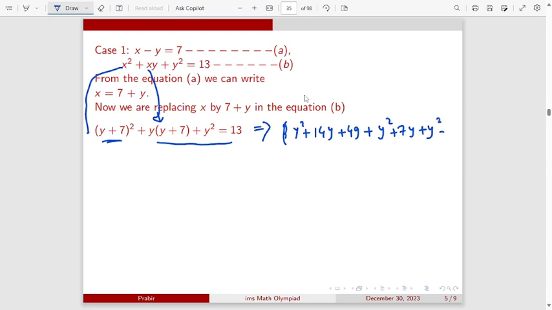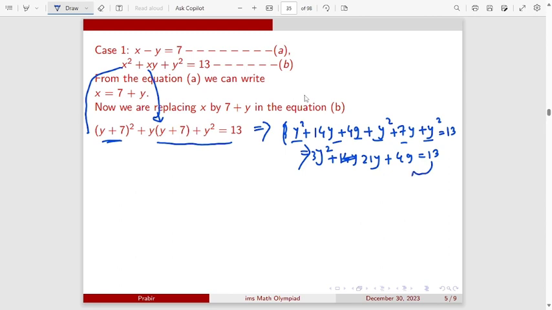Okay, equal to 13. So from here we can write y square, 1y square and another y square, 3y square, and 14y and 7y, this is 21y. And then we have plus 49 is equal to 13.